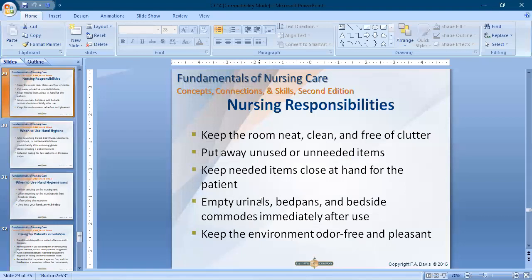Empty the urinal, bedpan, and bedside commode immediately after use. So as an RN, you have to know, keep the environment odor-free and pleasant.